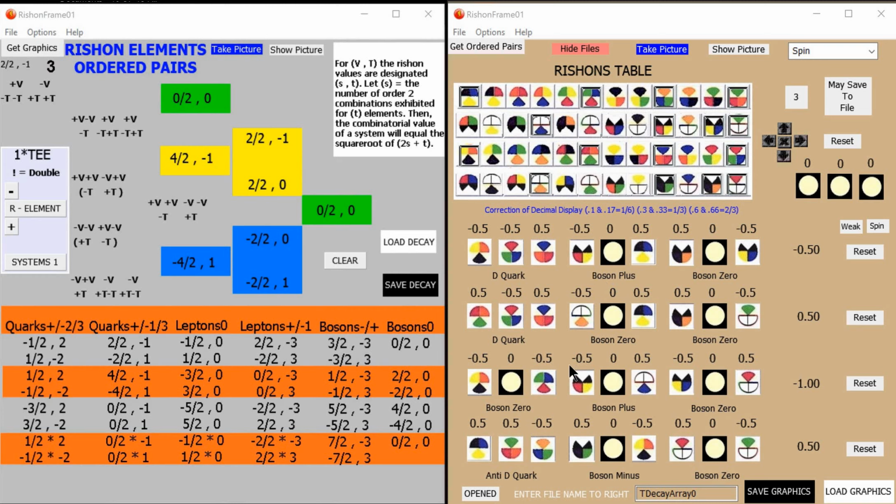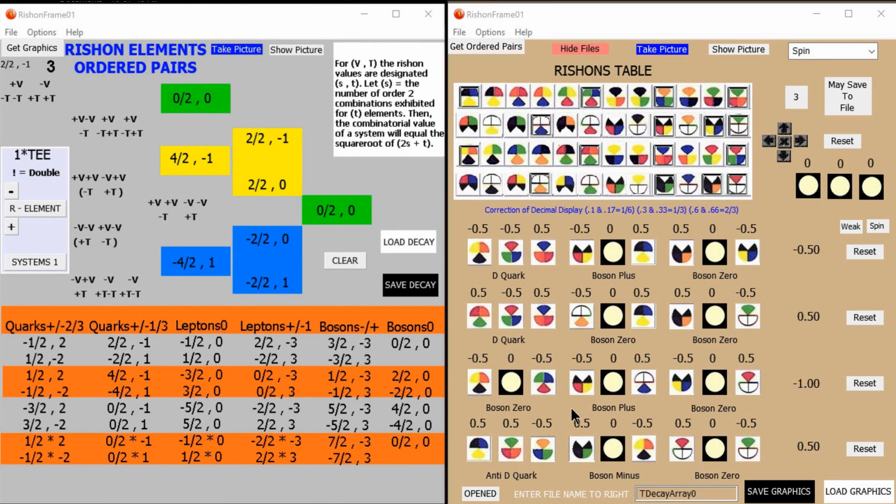And so then we have emitted the boson plus. And the boson plus has a scalar part that carries away no spin, and a vector boson part where on each of the T and anti-T generic rishons we have minus 1/2 spin.